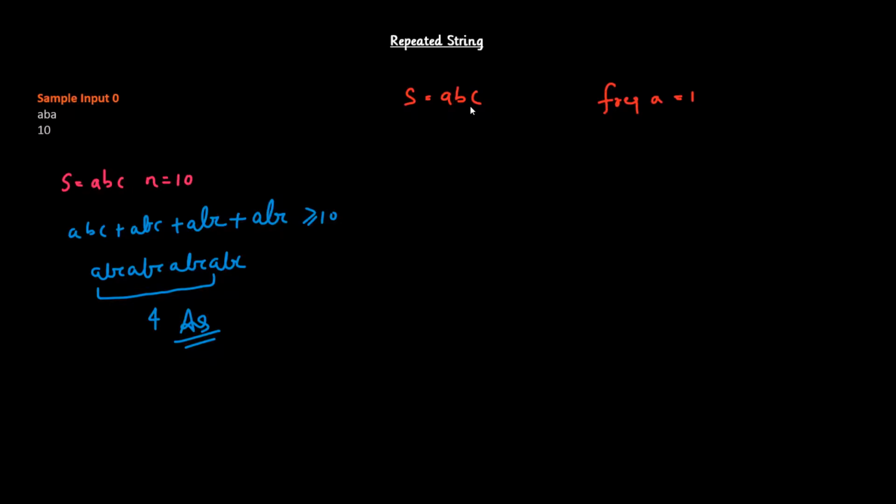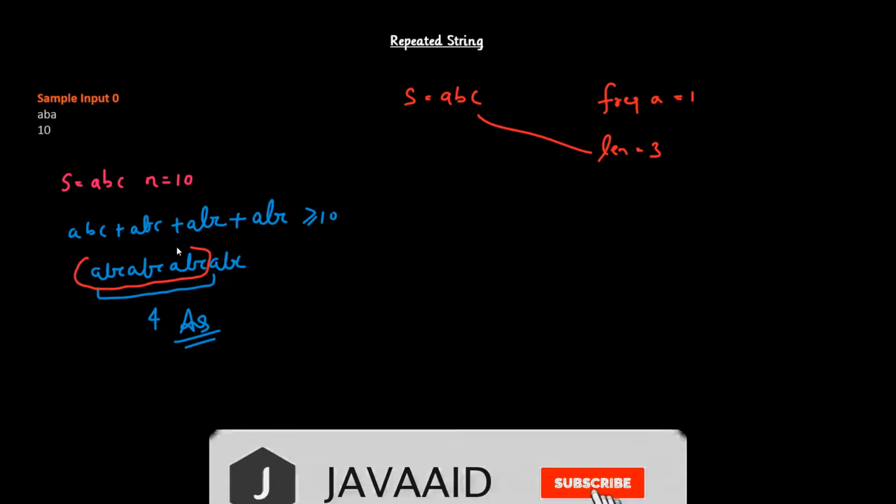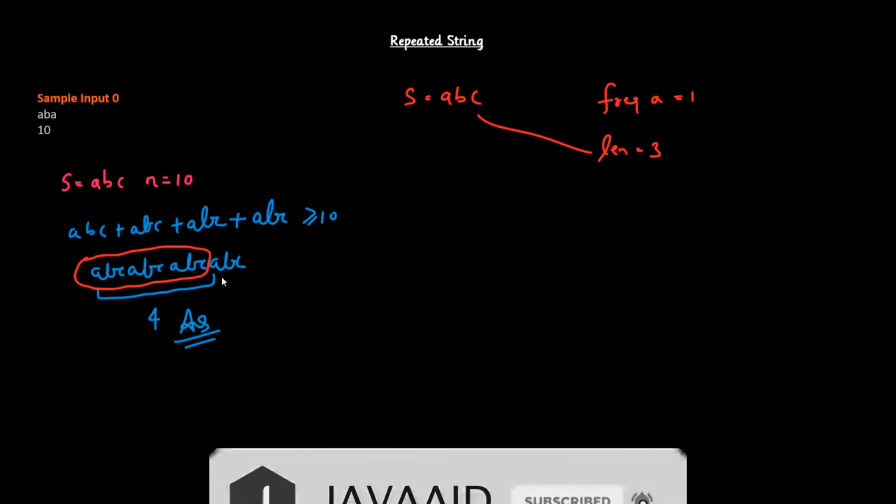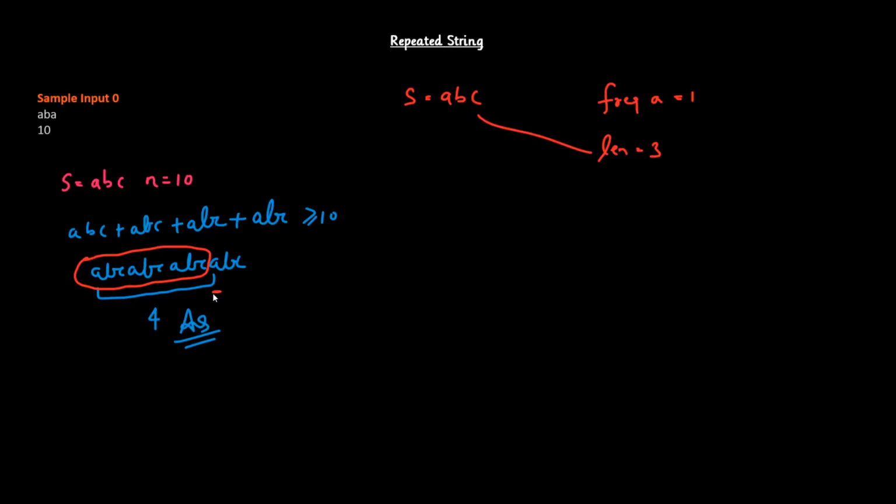Now come to the second point where we have something like N equals 10. Here, if you see, at the end you are not considering the complete string, right? So now the logic is we will just take the length of this string, which is 3 in our case, and we'll use mathematics to find out how many complete strings are there and how many extra characters we have to consider.